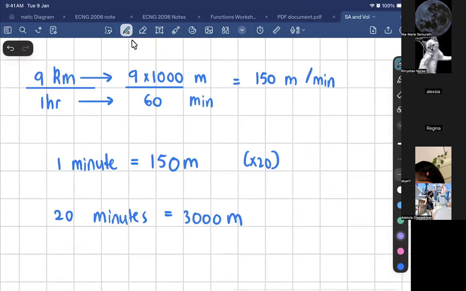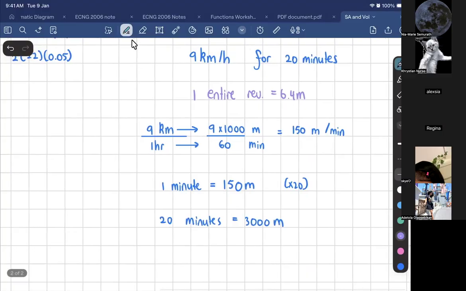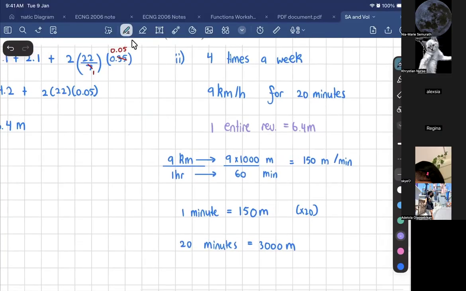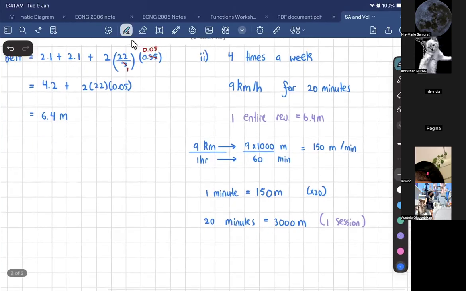So, guys, what I've just figured out here is for how many sessions? How many sessions is that? 1. That's 1 session. But how many times does she do this in the week? 4 times.